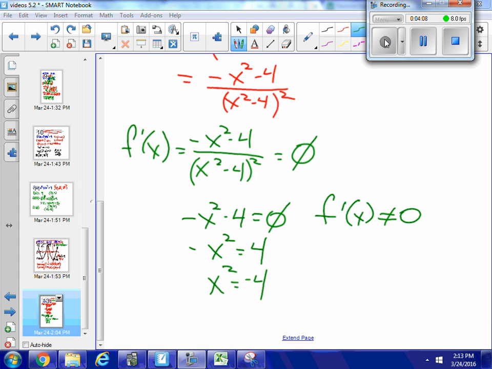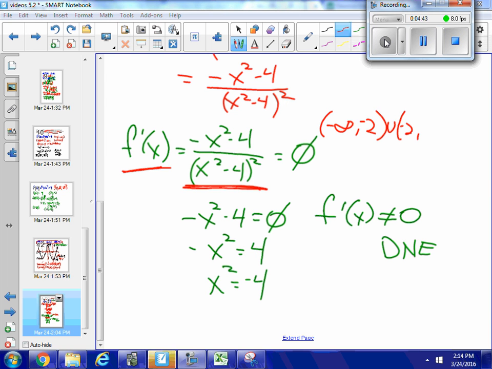Now, do I have any other critical points where f prime of x does not exist or may not exist? Well, I can look at the function f prime of x, and I have a denominator here, and I know that the domain of this f prime of x is going to give me the same domain as the function overall, which is -infinity to -2, union -2 to 2, union 2 to infinity.